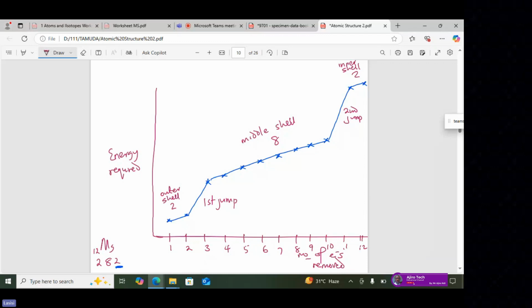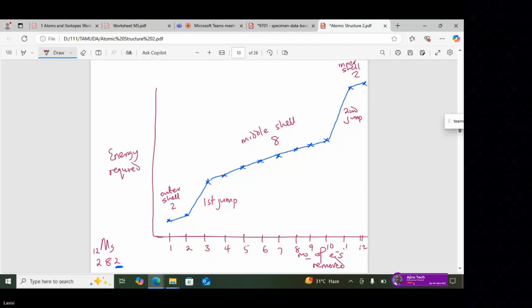Where do you expect a jump in these consecutive ionization energy values? Nitrogen is a group 5 element. Where do you expect a jump to occur in the consecutive ionization energy values of nitrogen?